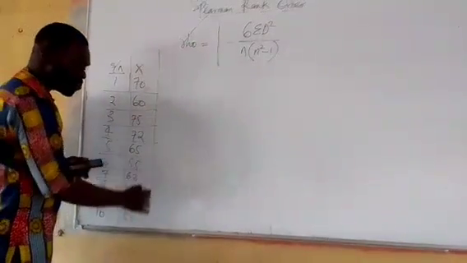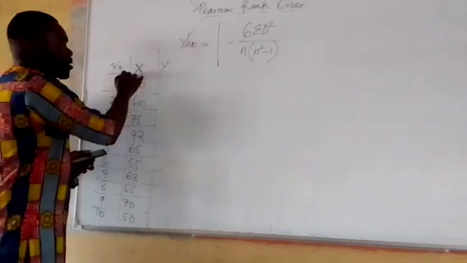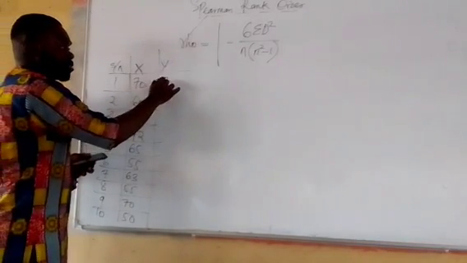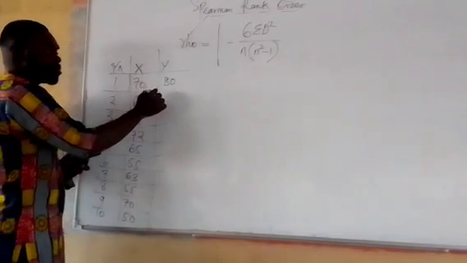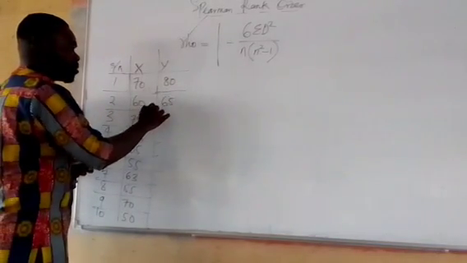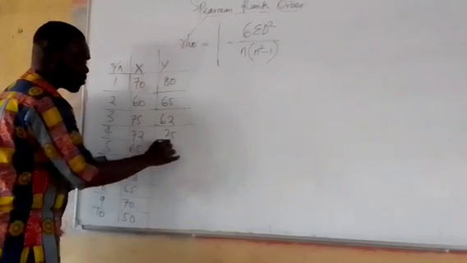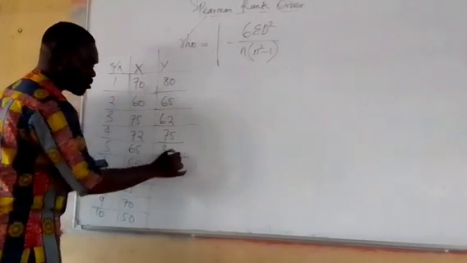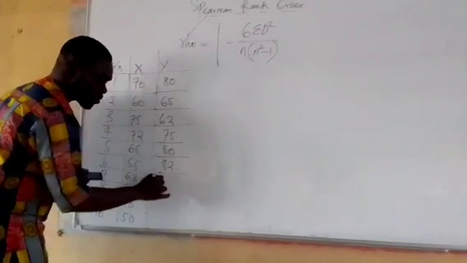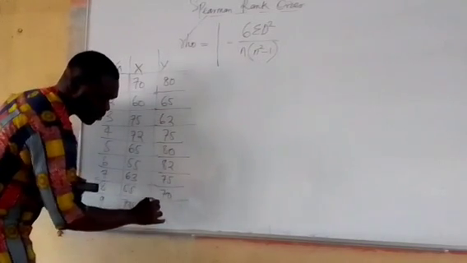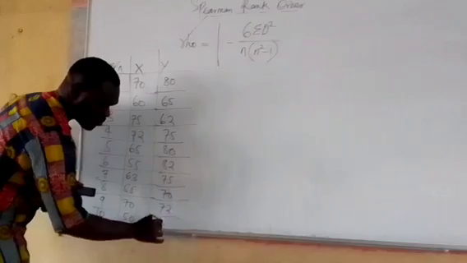Now we go for the Y, that is the post-test. What are the values for Y? 80. Okay, so there's an improvement for this first person. We have 65, 62, 75, 80, 82, 75, 70, 72, 60.